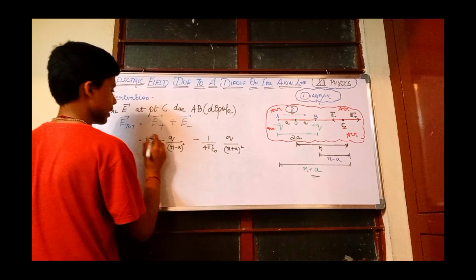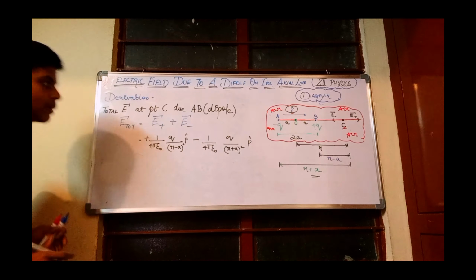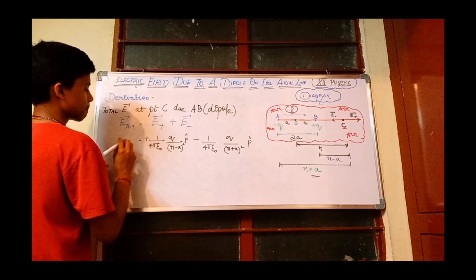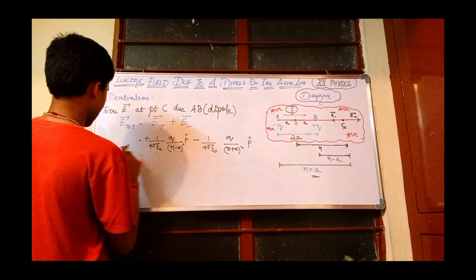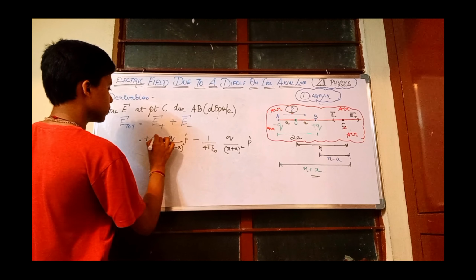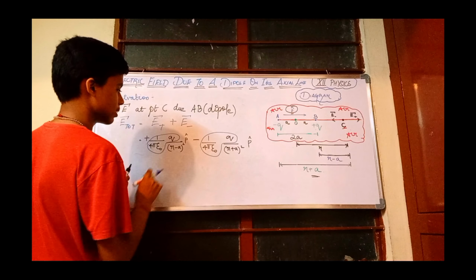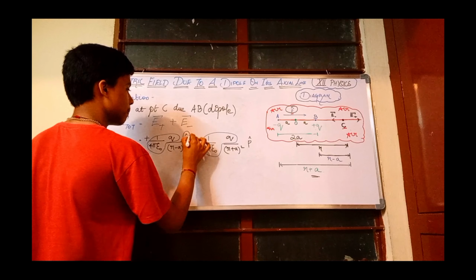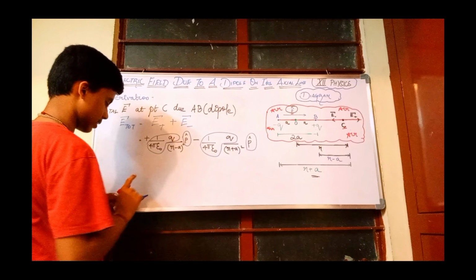And here we have P cap and here we have P cap. Without forgetting, we need to write the unit vector. And now I'm going to take common. What is common in these two terms? 1 by 4 pi epsilon naught into Q is common in both terms, and also this P cap is common. So I'm going to take all the commons out of these two terms.